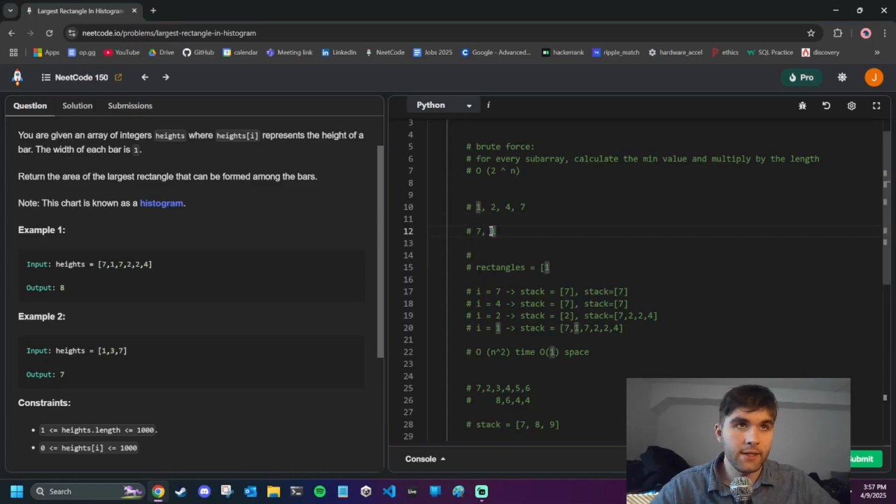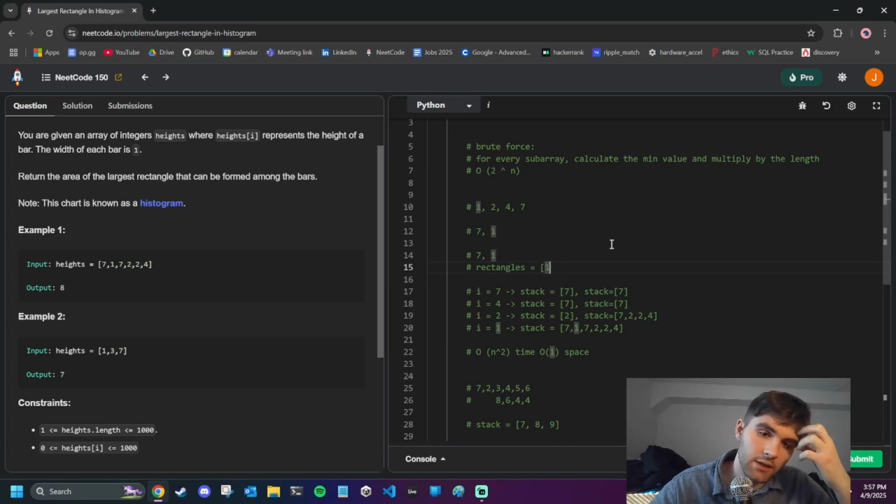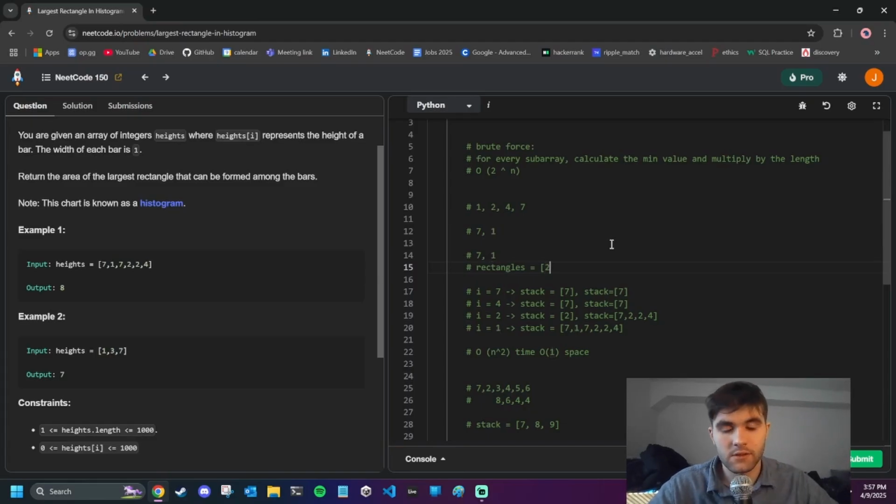a new rectangle forms, which is the connection between these two. Obviously we have 7 and 1 as rectangles with 1 width only, but we also have another one with 2 width and a height of 1, so that's 2.